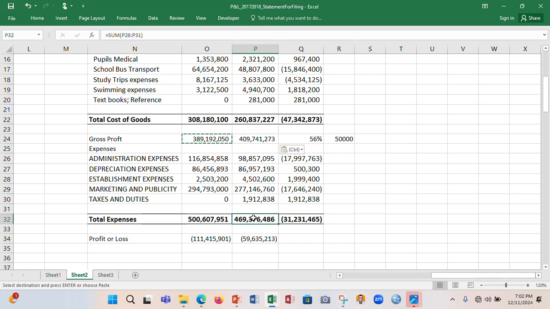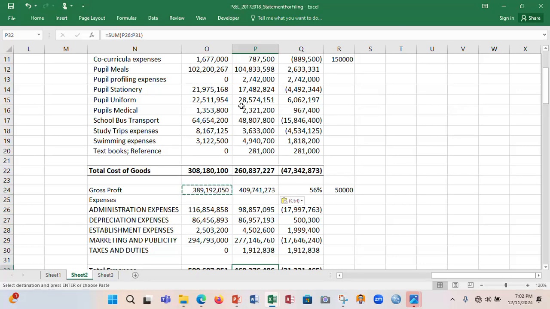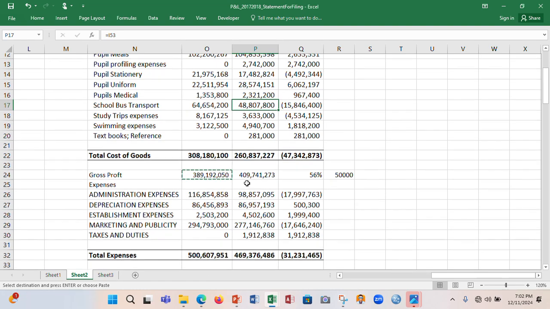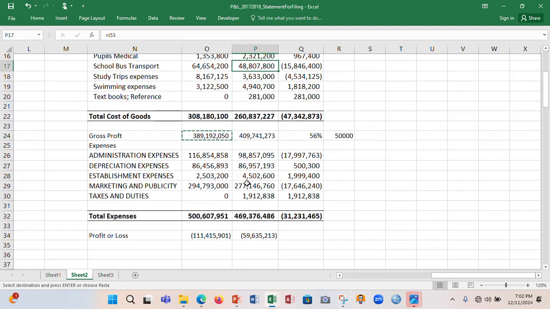Possibly the expenses have dropped and the costs here for transport have reduced. There is a change. There was a decision taken to address the loss making.